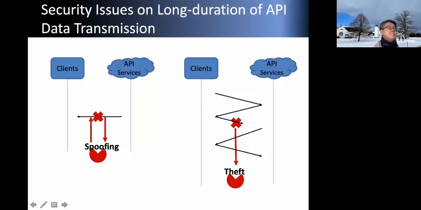Data may be intercepted and manipulated, and then we send it to the original destination. That is spoofing. How can we prevent it? How can we detect it, first of all? How do you know if this is manipulated and came back to me?